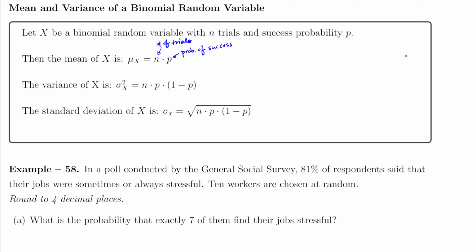The variance, sigma sub x squared, is the number of trials times the probability rate times 1 minus the probability rate. And remember, in the binomial, there's only success or failure.